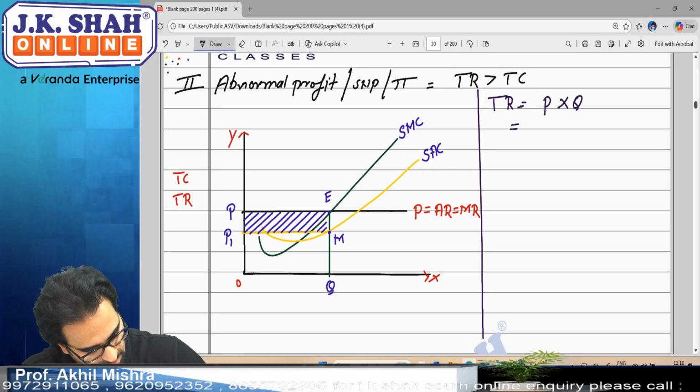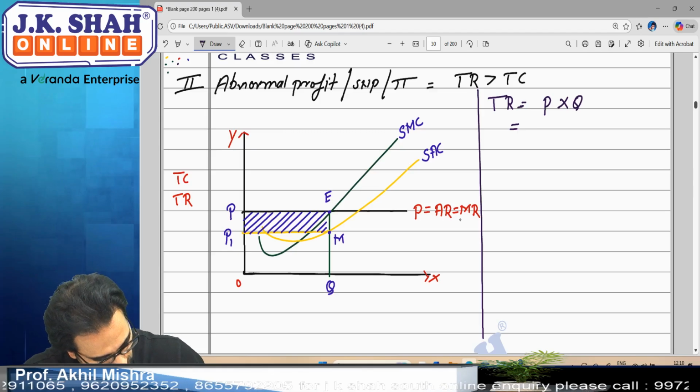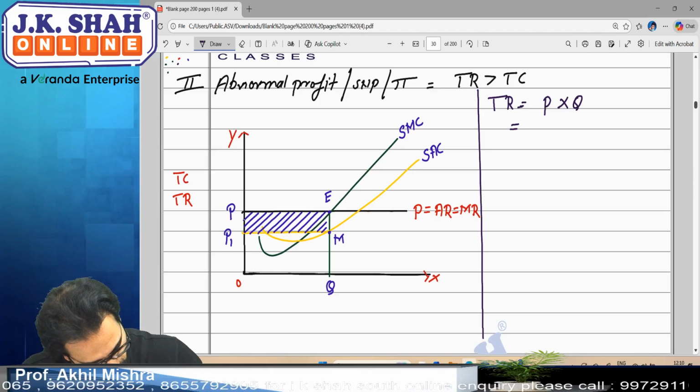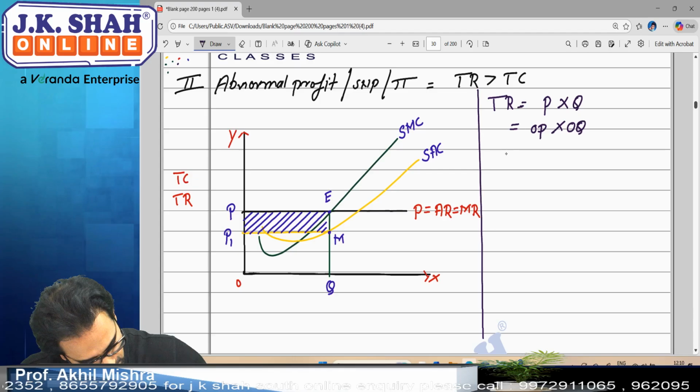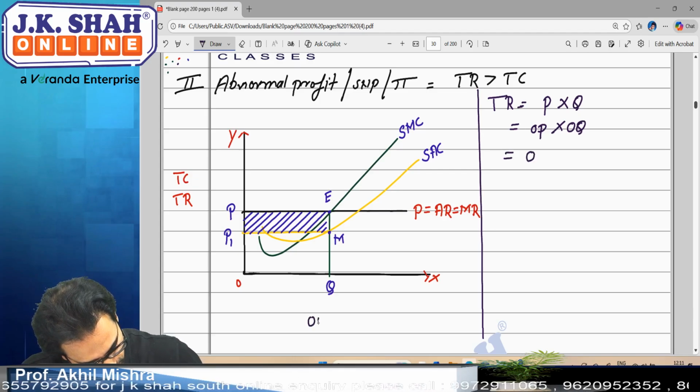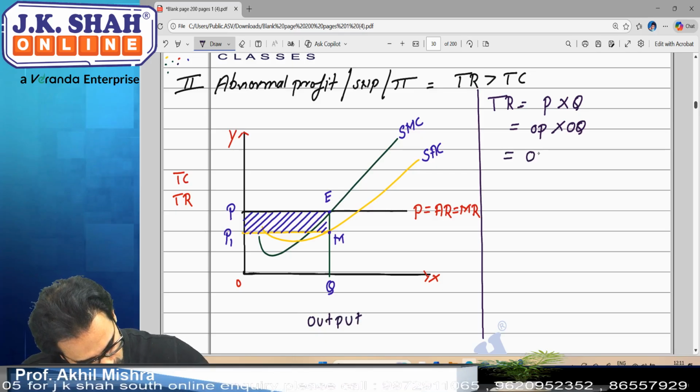We're calculating revenue, so you have to see the revenue line, AR equals MR. The price on the revenue line is OP. Price is OP, quantity is OQ. If you multiply it, you get, going anti-clockwise, OQEP, your TR.